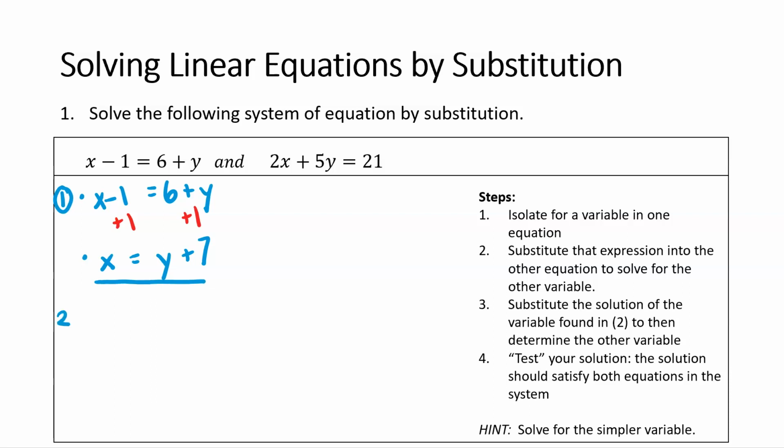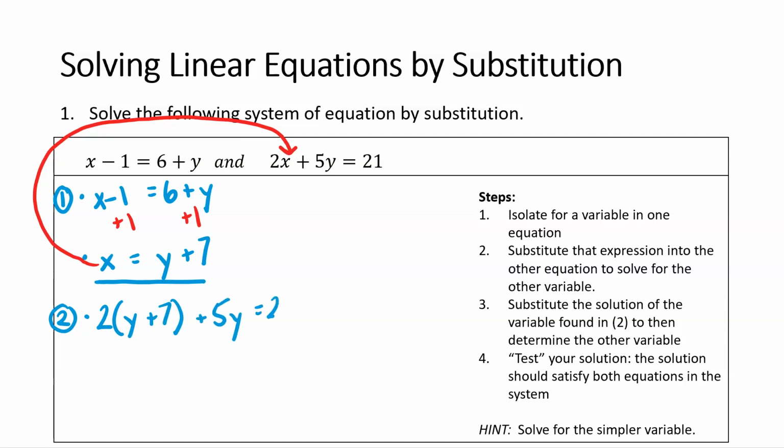Step 2 says, take that expression, because it's isolated for a variable, and plug it in to the other equation. So you have a solution for x, and you're going to substitute that into the other equation. What we'll have is 2 times x, x meaning y plus 7 here, plus 5y equals 21.